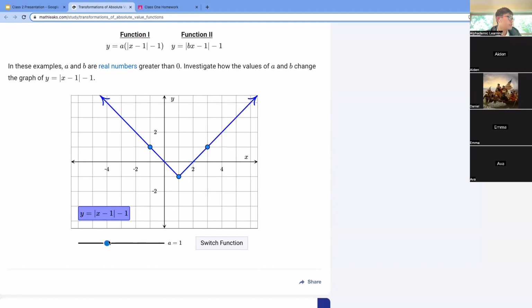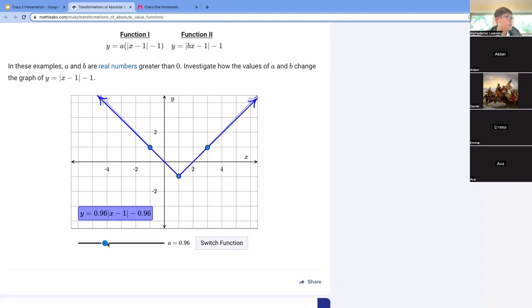This is how the vertical stretch or shrink occurs. This is just the visual appearance of it. Of course, this vertical stretch or shrink doesn't just happen to these V-shaped equations. It can also happen to parabolas, to lines, to other types of equations as well on the X and Y grid.